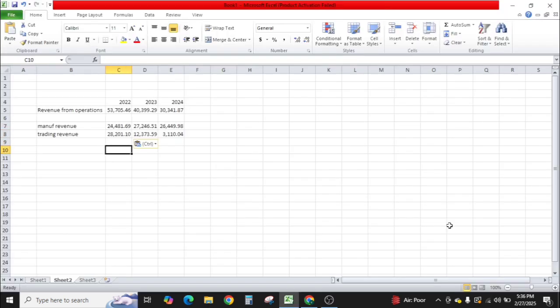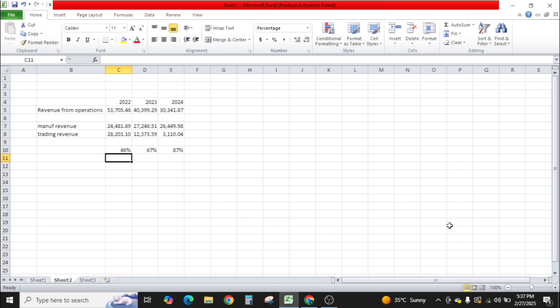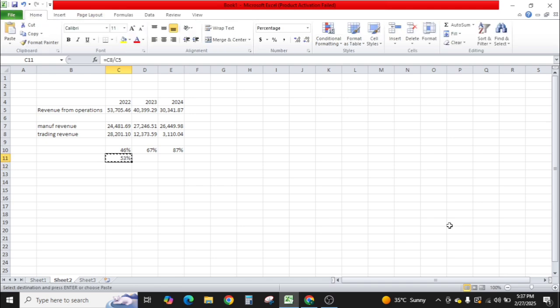If we see how much percentage of manufacturing revenue there was in 2022 and 2024, we can find it by manufacturing revenue divided by revenue from operations, which is 45%. Now manufacturing revenue is 67% and 87% of total revenue, and trading earlier used to contribute 54%, 53%, and now it is contributing 10%.